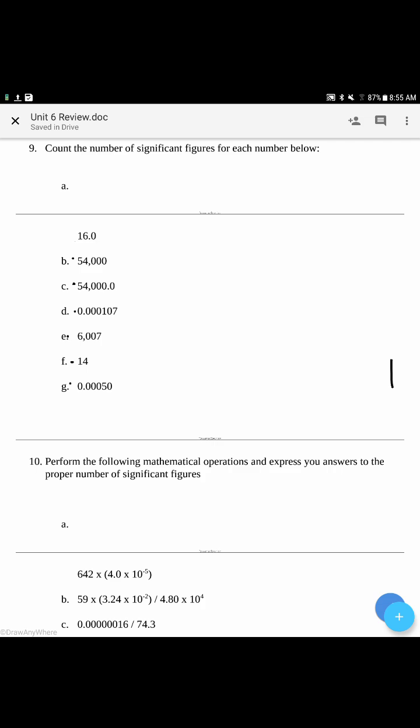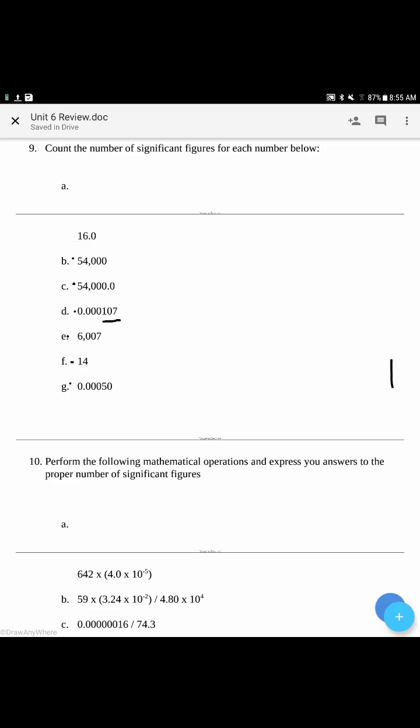Okay, the first one is what's called a sandwiched or trapped zero. So like for example, this zero right here, that zero is in between 2 non-zero numbers. So that makes this zero significant.